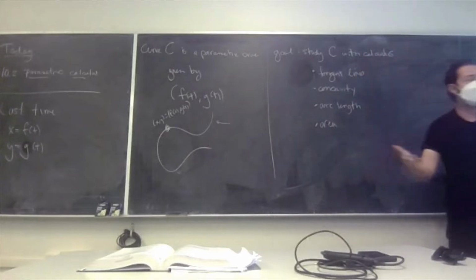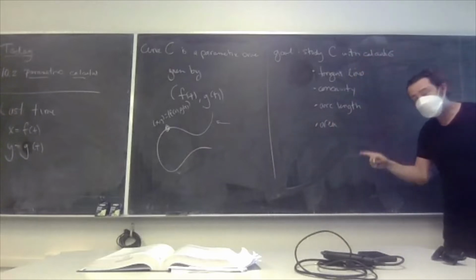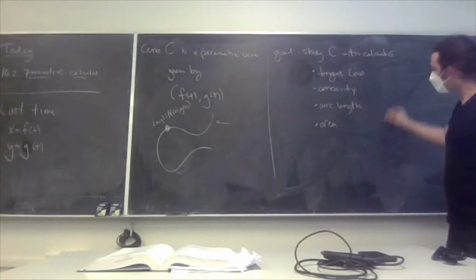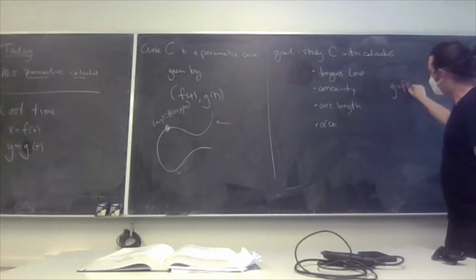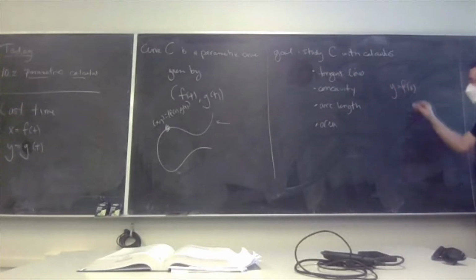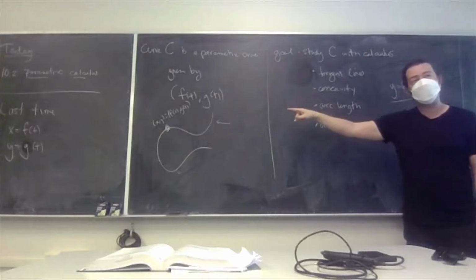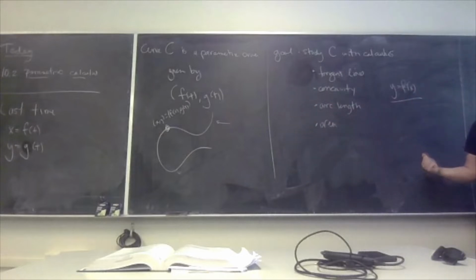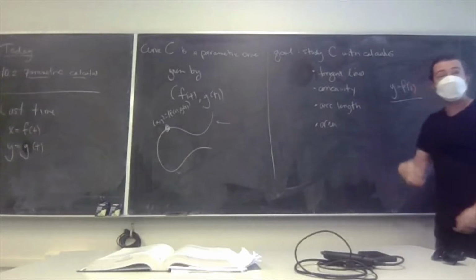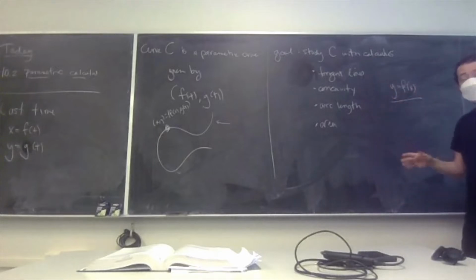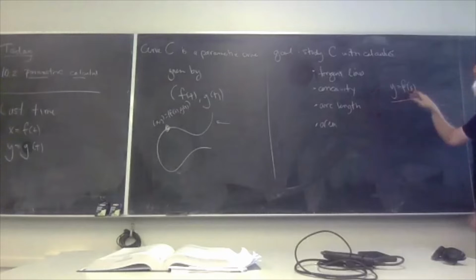These are all things we use calculus to get, but all of them in the prior version of this required that we had y as a function of x. We needed this when we learned this the first time. And I don't want to have to take a parametric equation and eliminate the parameter to do calculus on it. I just want to do calculus on the pieces I've got. So that's what we're going to develop: ways of thinking about how derivatives and integrals work in the case where we don't have this.